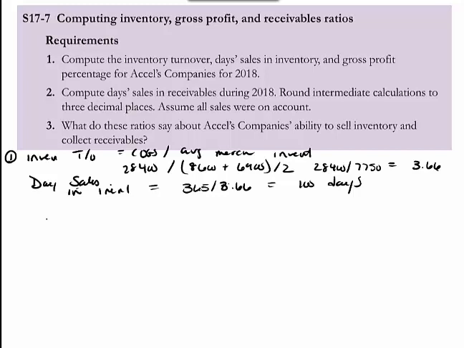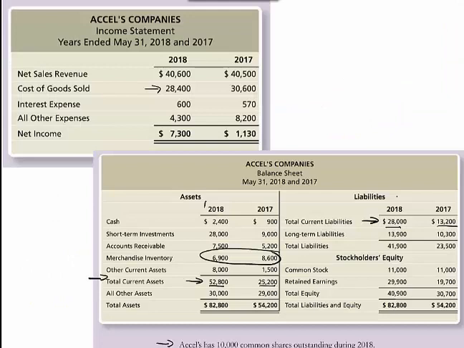And then the gross profit percent. Gross profit percent is gross profit divided by net sales revenue. And did they give us gross profit on that one? I think they did not, but we can figure it out. So net sales minus cost of goods sold.